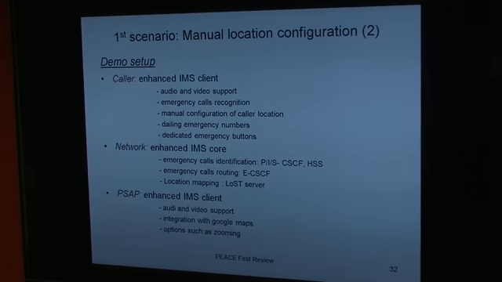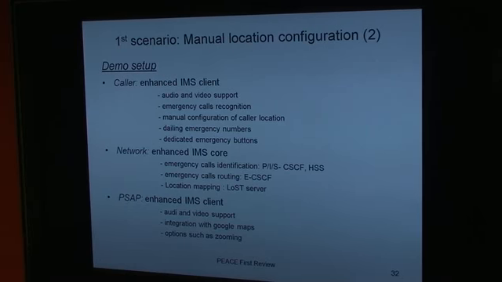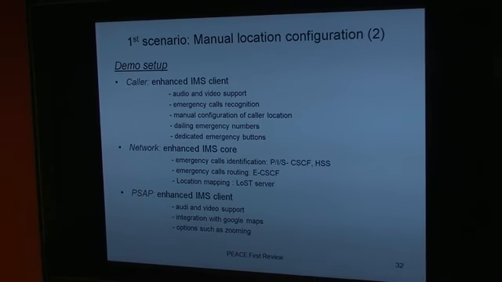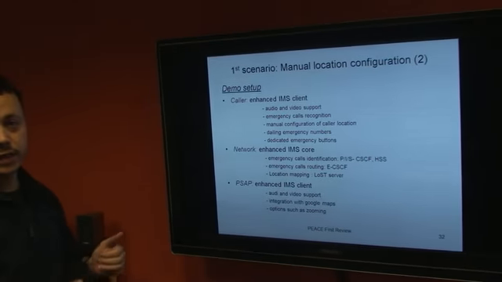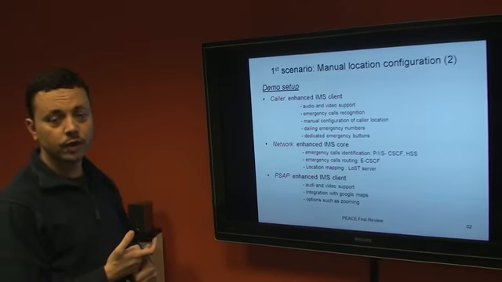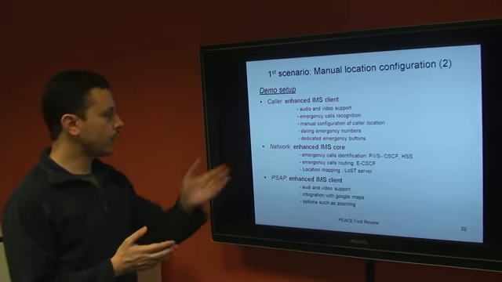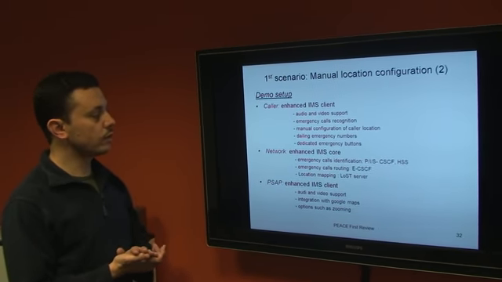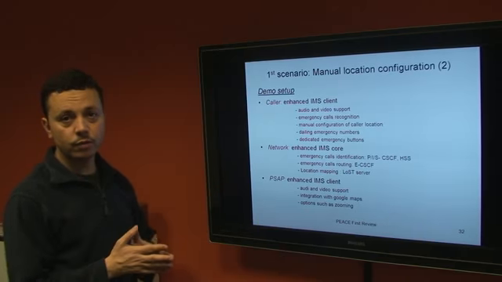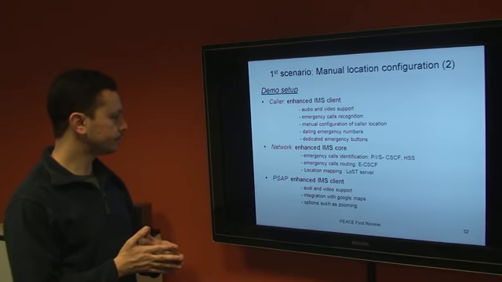On the network side, we have enhanced the IMS core with some features, for instance, call identification. This has been done on the P-CSCF, on the I-CSCF, and the S-CSCF, also on the HSS. For routing, we have implemented the emergency CSCF based on the 3GPP specifications.